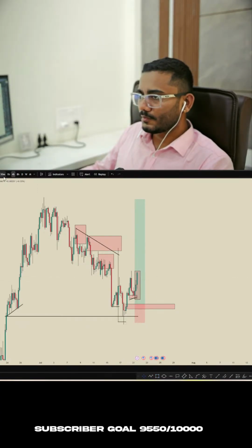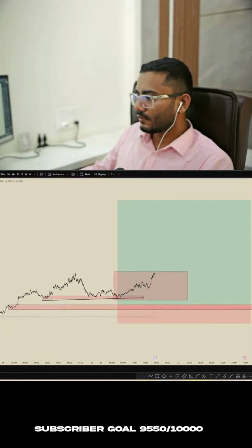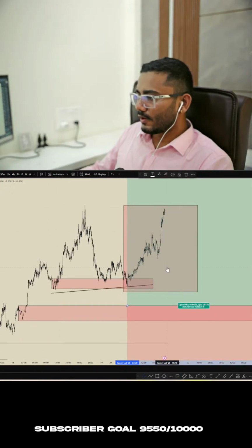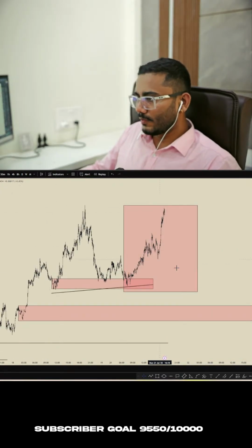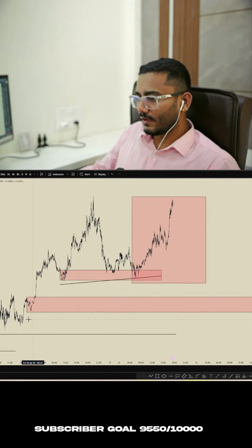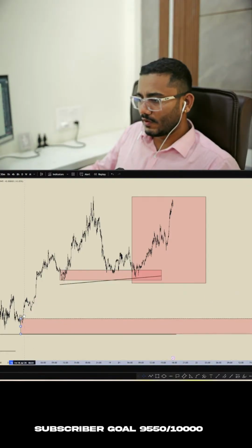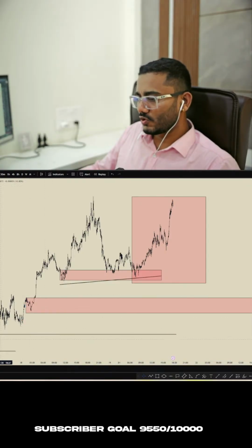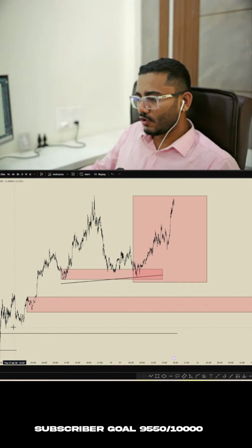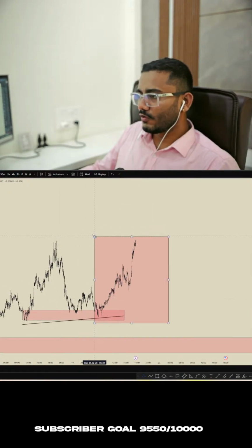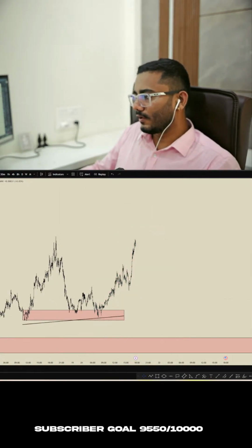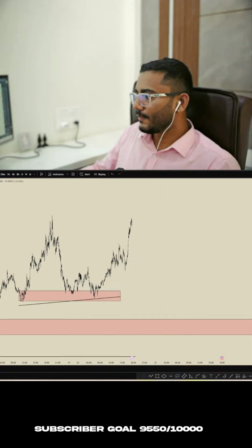So here on 5 minute, we know right now price is going to the upside. So in future it will tap this area or this area. That's why I like to keep my stop loss covering at least 2-3 order blocks on the lower time frame, because no one knows which order block will be exactly tapped, right?